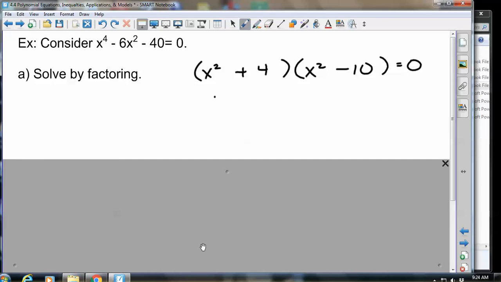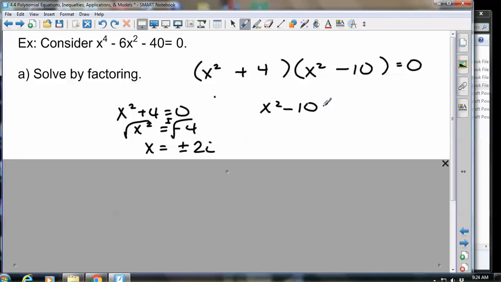How am I going to solve this then? Did you break each parenthesis? Oh no, because it's not a positive 4. It's a positive, so you can't do difference of squares. So if you do square root plus and minus, you get plus and minus 2i.